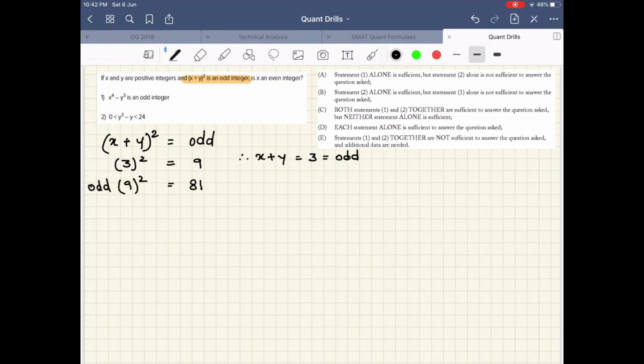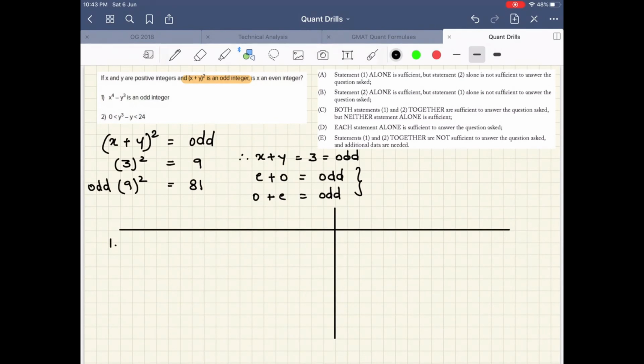So from the given information, we can see that either x is even and y is odd, or x is odd and y is even. So in both these scenarios, I will get the sum to be odd. Let us move on to the answer choices.